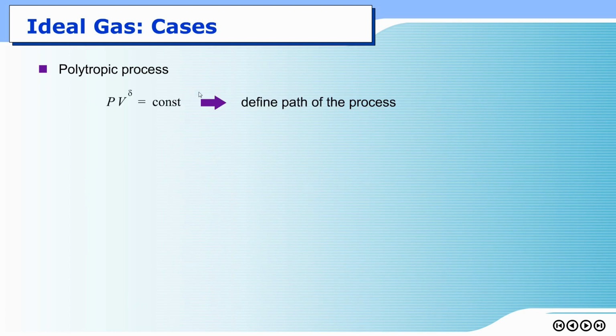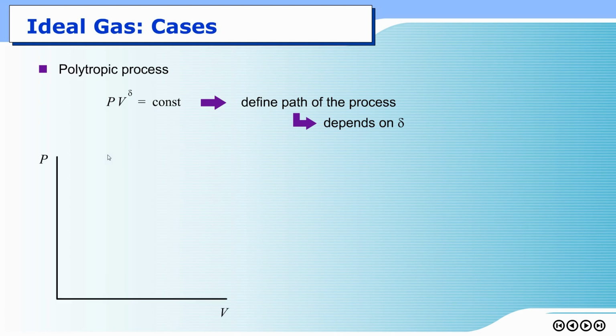You have to keep in mind that this equation describes the relationship between pressure and volume along the way of the process. So essentially, this equation defines the path of the process. How the process takes place depends on the value of delta. Let me show you the plot here.